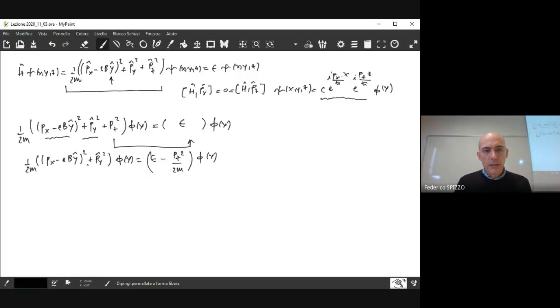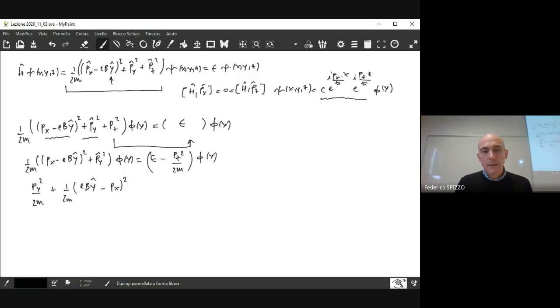Now, we just switch the order of these terms here. So I have Py squared divided by 2m plus, I change the order of the elements within the parentheses, so 1 divided by 2m, eBy operator minus Px, squared.